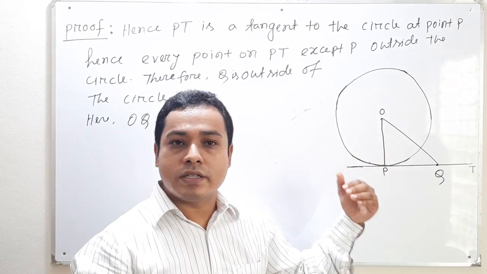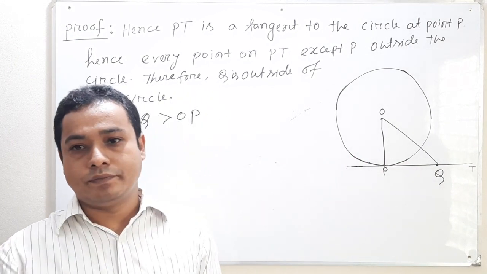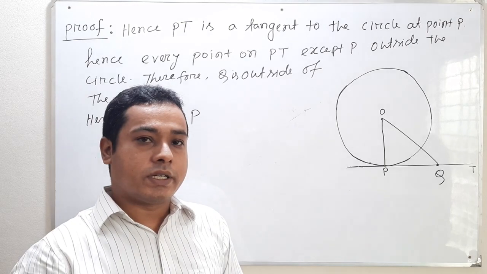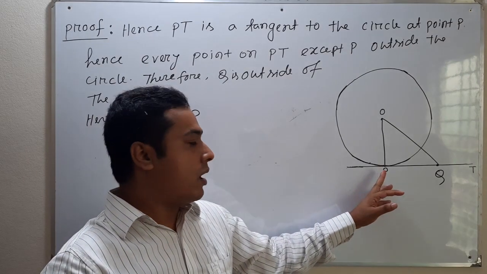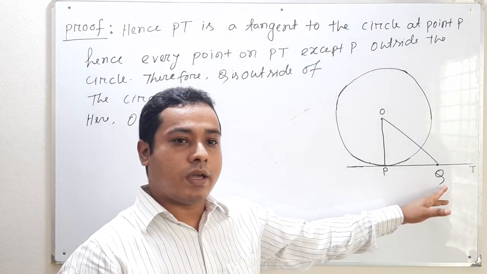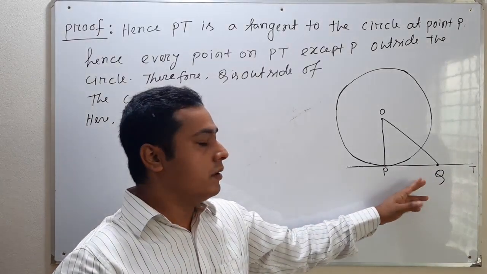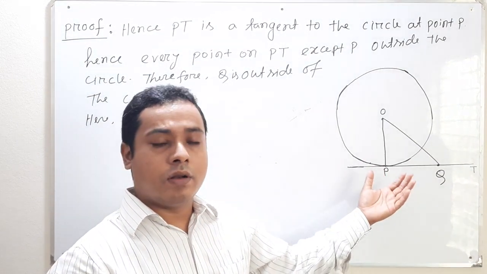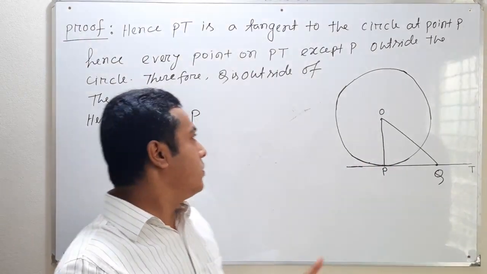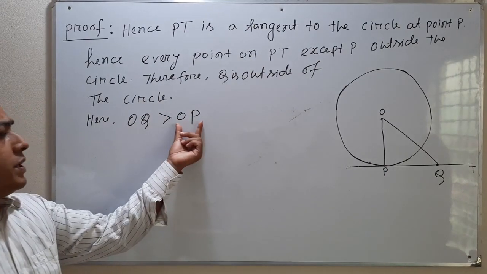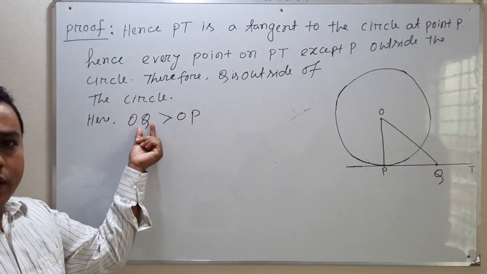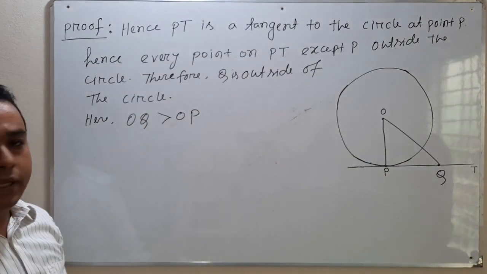So which distance is greater? Of course, the distance to a point outside of the circle is greater than to a point on the circle. P is the point on the circle, and Q is outside of the circle, so OQ is greater than OP.